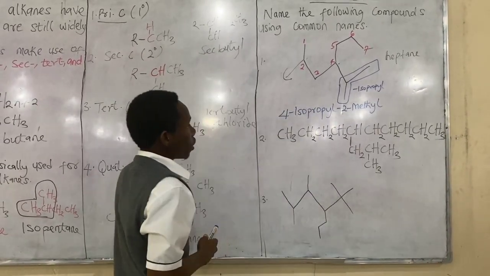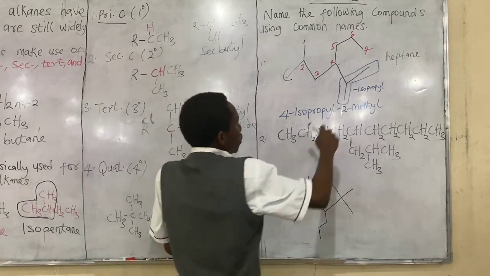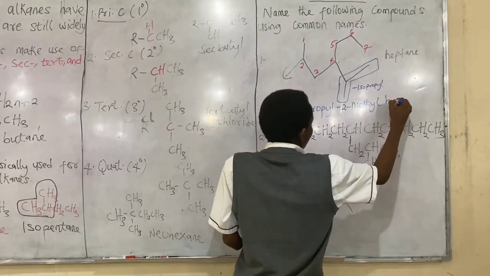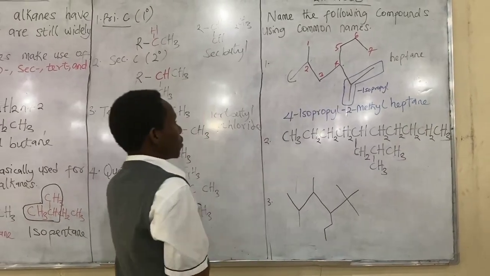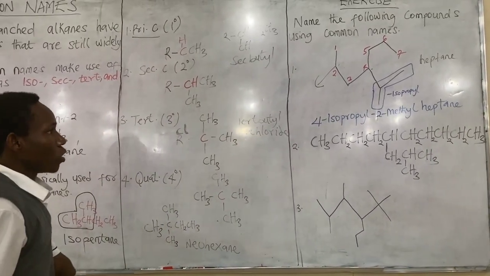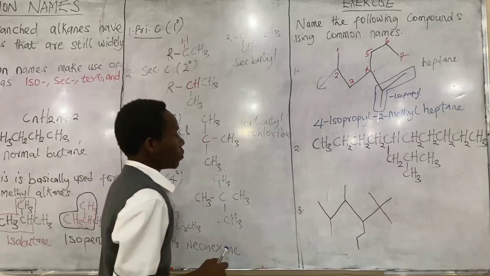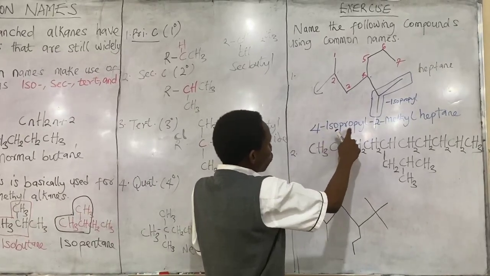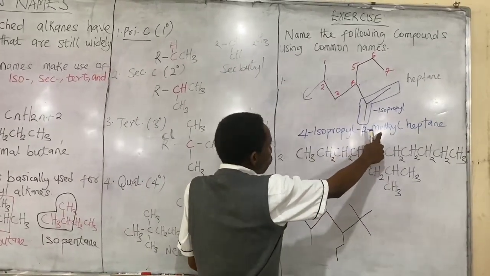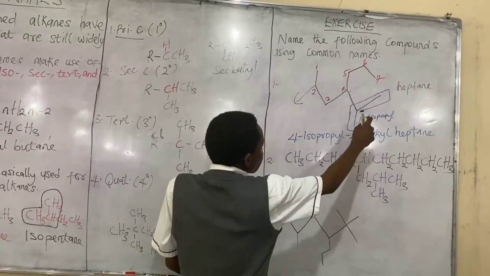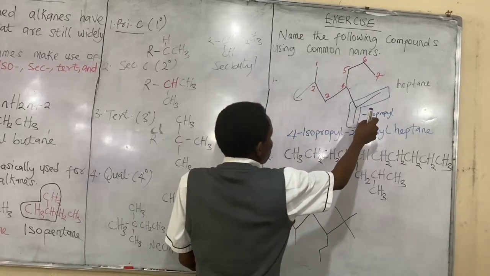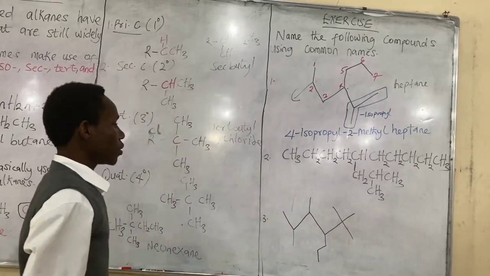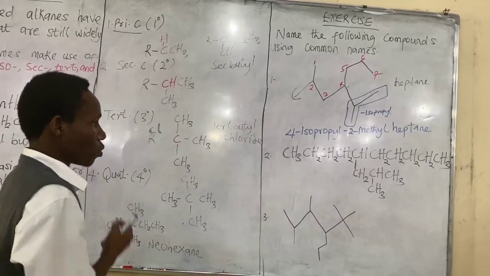And then what's the longest chain? The longest chain is heptane. Wow. So that is how we name a compound using common names: 4 isopropyl, 2 methyl heptane. This is the iso group, from what we said.